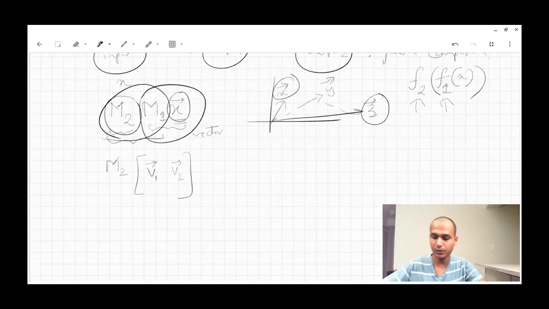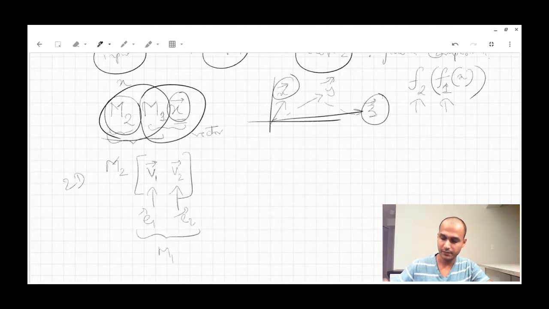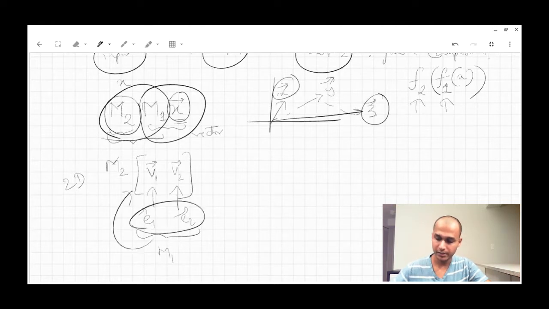Remember, in 2 dimensions, we know that v1 is the transformation of the first basis vector and v2 is the transformation of the second basis vector, remember, e1 and e2. And let's say this is the M1 matrix, right? Not these two, but this was the M1 matrix.